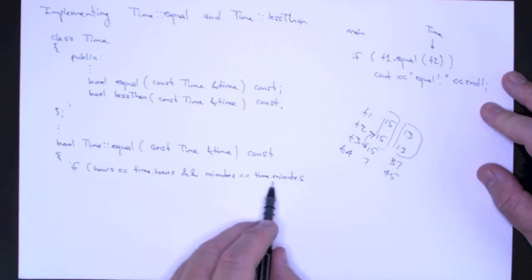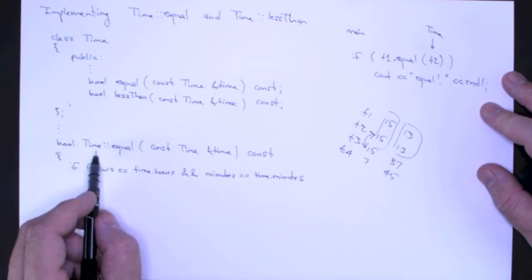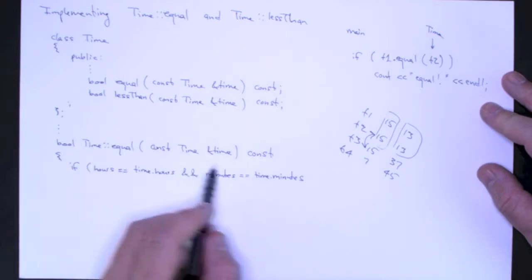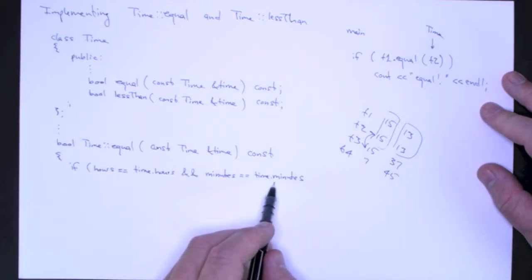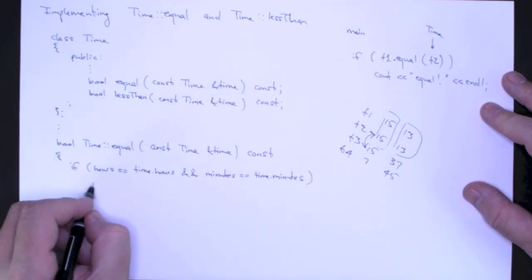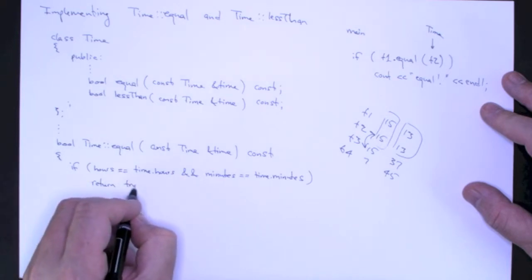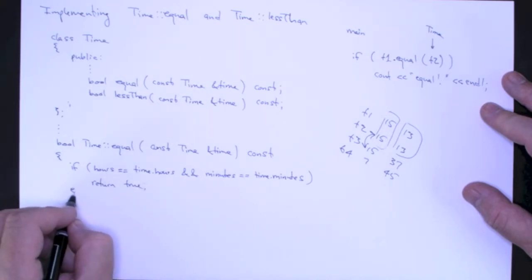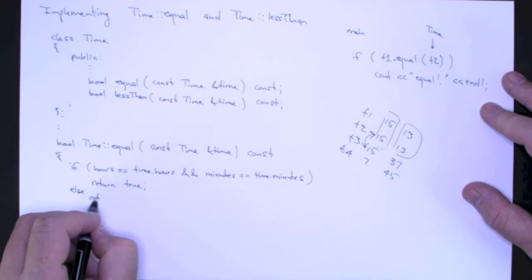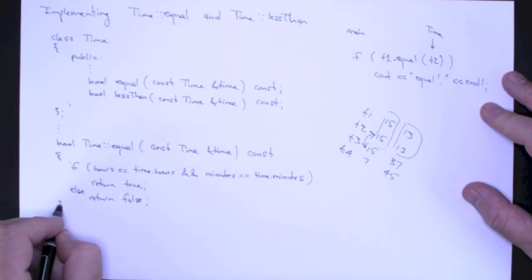And again, I don't have to use the get method here, because since these are objects of the same type, I can just refer directly to the private data members. So if this is true, I can return true. Otherwise, I want to return false. Just like that.